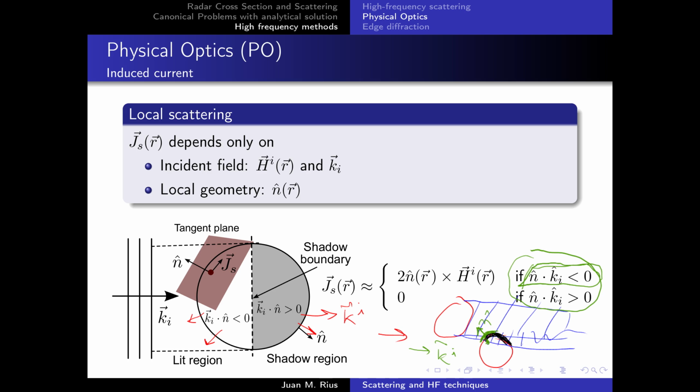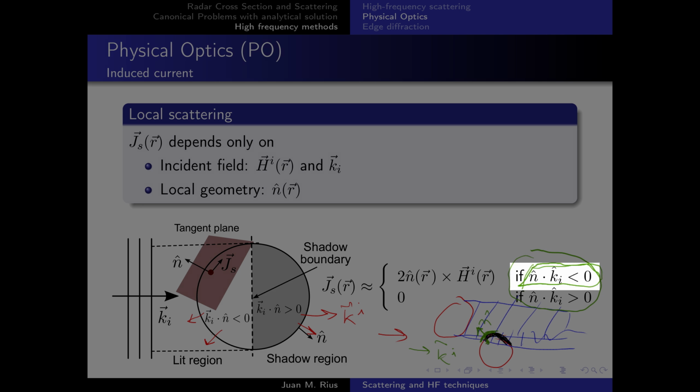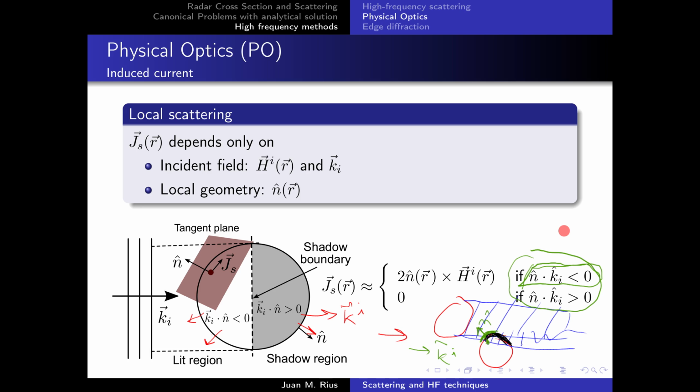And this is a very important and difficult problem, because you have to identify the parts of the object that agree with the condition unit normal dot product with incident direction smaller than 0, that would be illuminated if this part was isolated, but since it is not isolated and is shadowed by another part, in practice it is shadowed. So this is a very, very difficult part in the programming of physical optics.